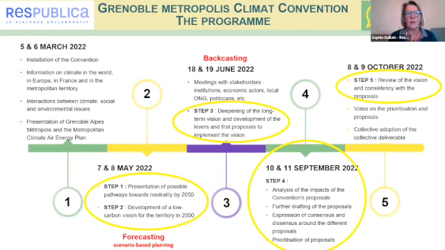It was a way of working with grouping of actions adapted to the territories with the local authorities. So on the second step, when they deepened their vision, they could check what the possible actions could be.